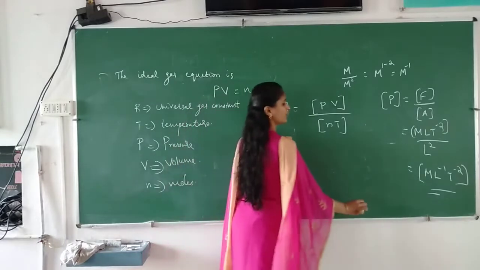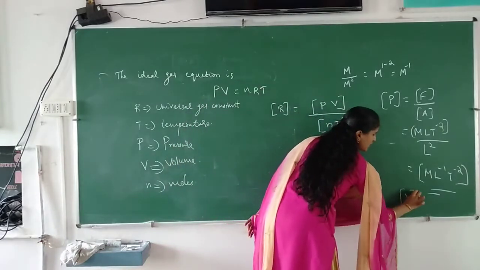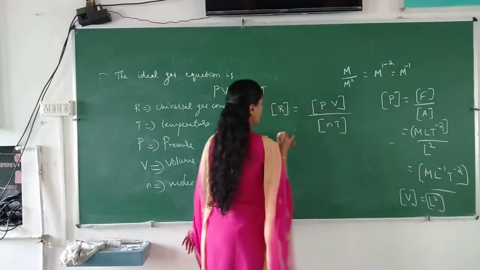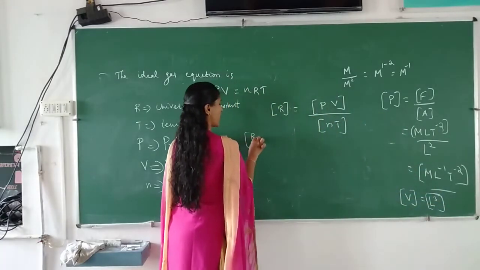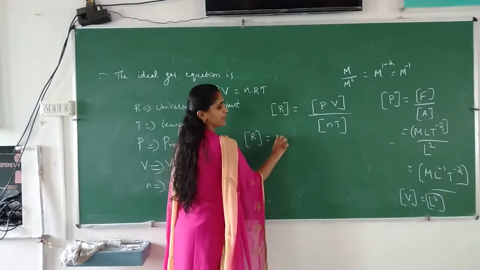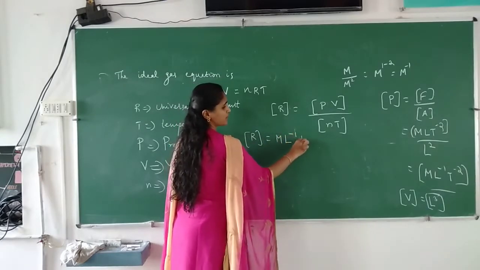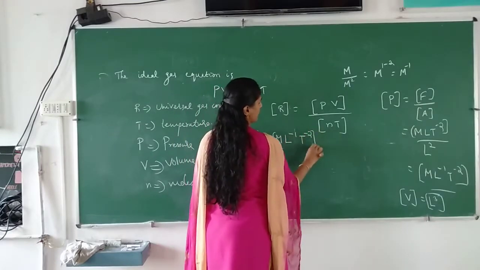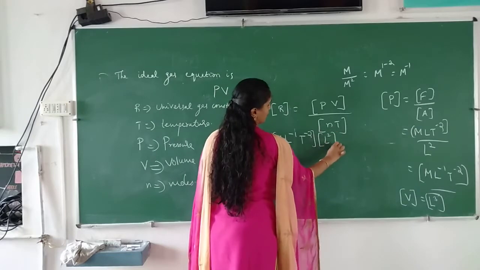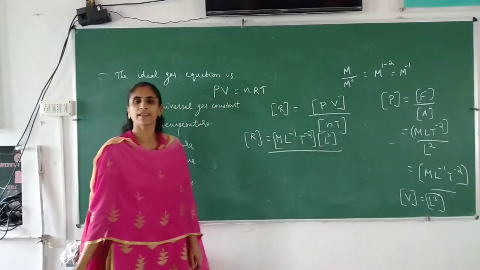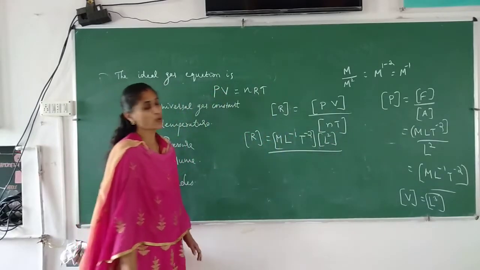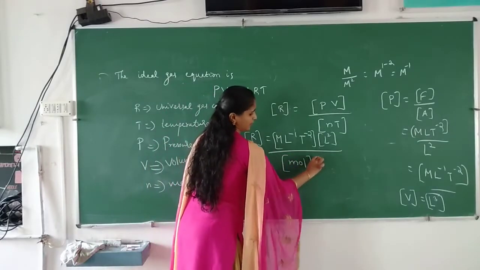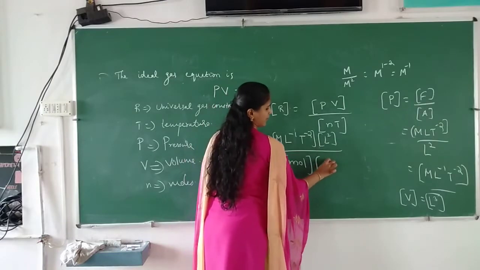And what is the dimension of V? V is volume. So you can substitute here. The dimension of R is the dimension of P, M L raised to minus 1 T raised to minus 2, into L cube, divided by n. But n has the dimension of mole, into Kelvin.